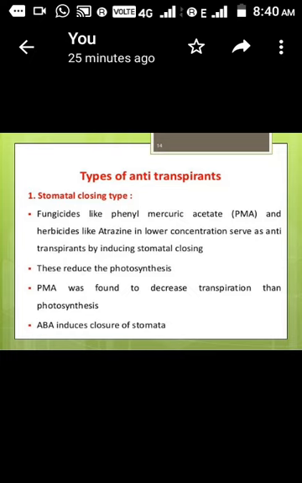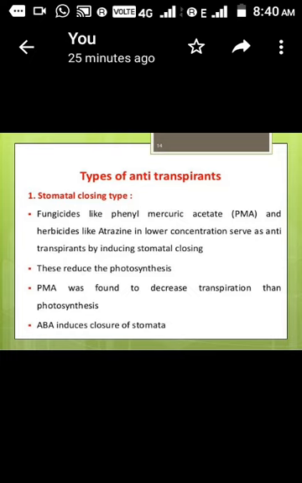Some fungicides like PMA, phenyl mercury acetate, and herbicides like atrazine are used to lower the stomatal opening, which brings about stomatal closing. These reduce photosynthesis in another way. PMA was found to decrease transpiration more than photosynthesis.